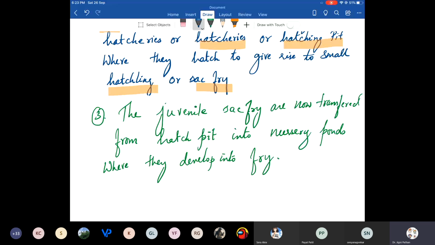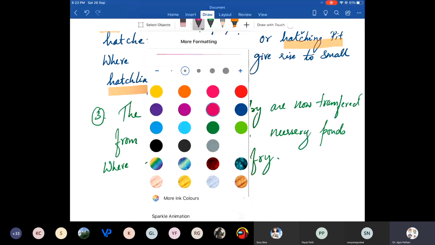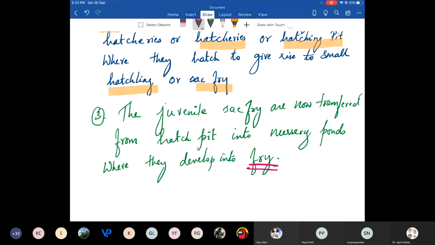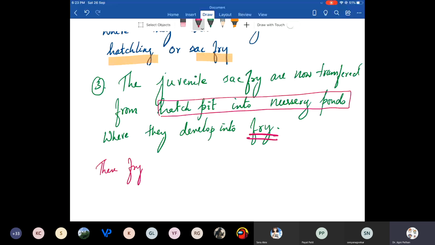Very easy to understand. There's nothing that you need to learn by heart. These fry feed on zooplankton and phytoplanktons. Zoo and phytoplanktons are the aquatic plants and animals.